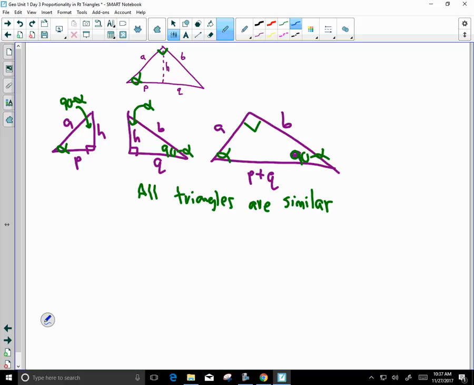So write that down. Okay. So if they're similar, then the corresponding sides, are they equal? No, they're not equal. They are proportional.